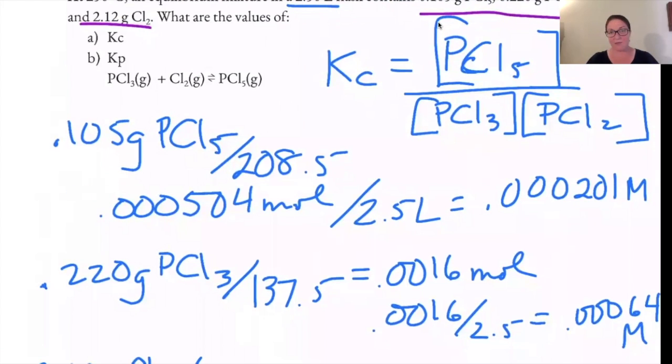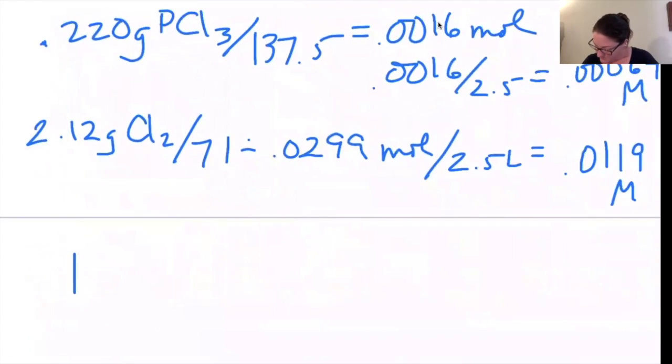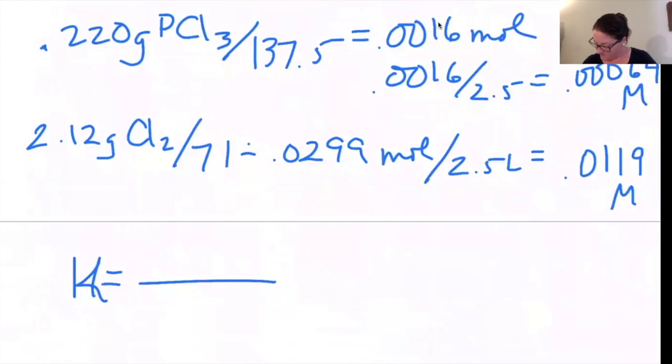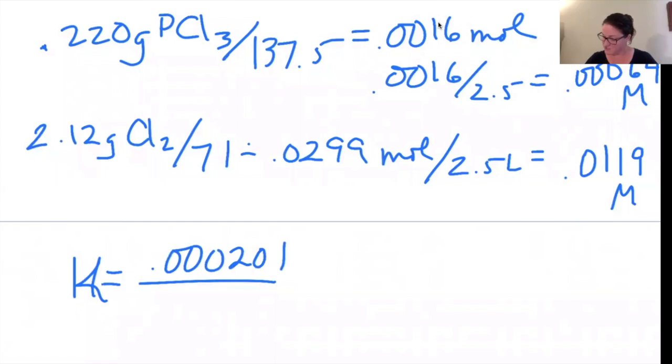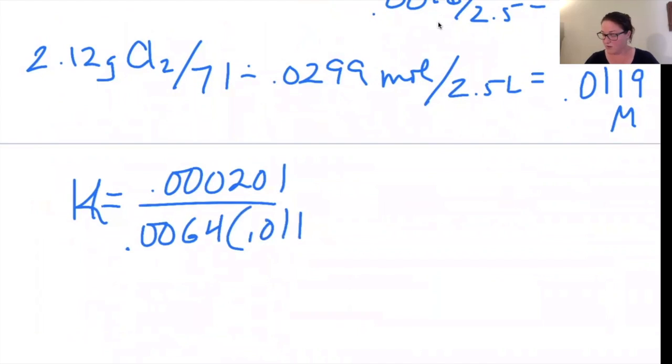Now I need to go back and plug them into the correct place in the equilibrium expression. PCl5, I believe, is on top and the other two are on the bottom. So PCl5, 0.000201, let me double check that, over 0.00064 times 0.0119.